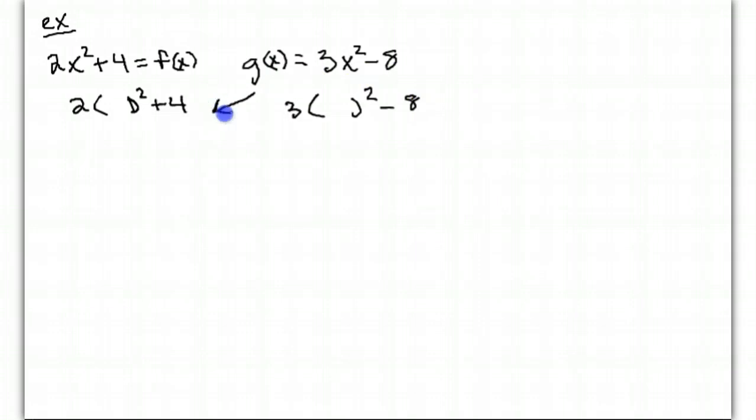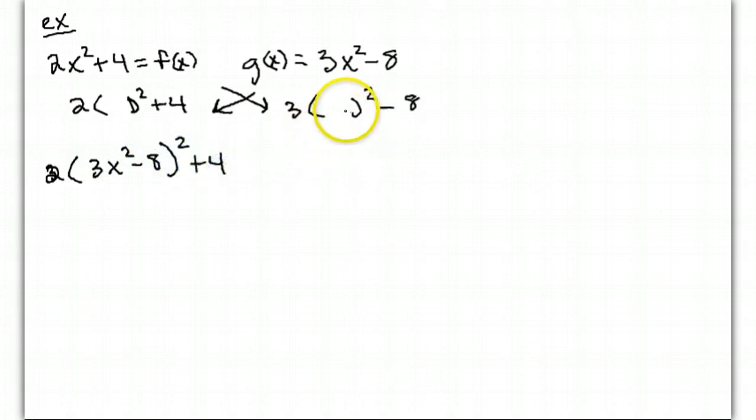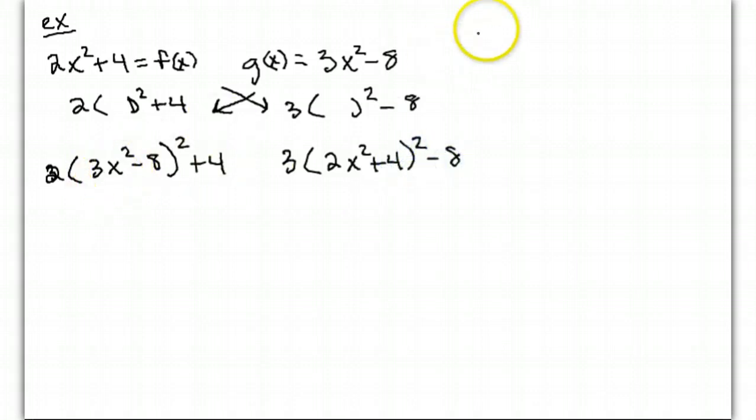So when we do the crisscross, what we put in this parentheses is g, so it's going to be 2 open parentheses of 3x squared minus 8. But it's still squared plus 4. And in this one we got to put f, so we're going to have 3 open parentheses 2x squared plus 4 squared minus 8. So we need to know what both of these are.